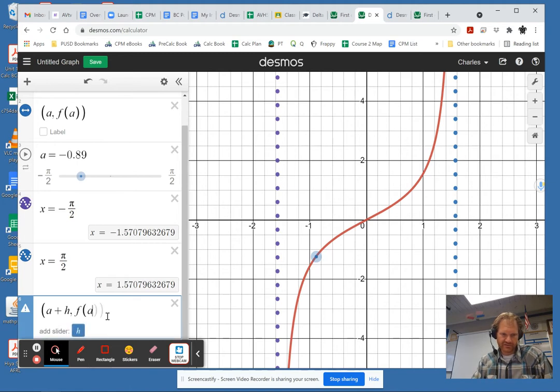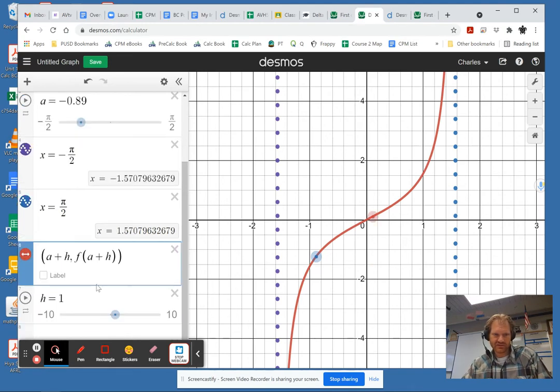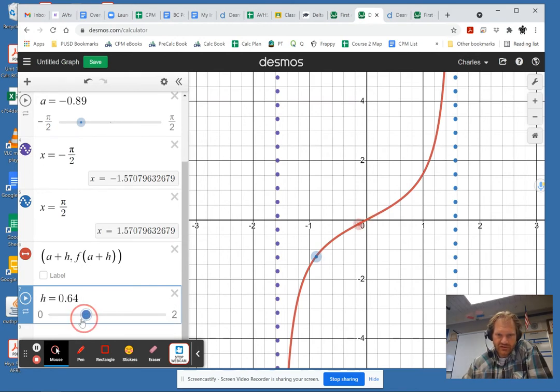So let's think of this value h, where h is the distance between these 2 points, okay? And let's say h can go between 0 and 2, then by sliding h around, I can move these 2 points near or close to each other.